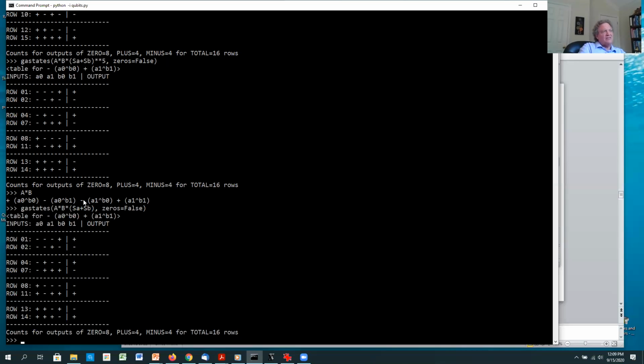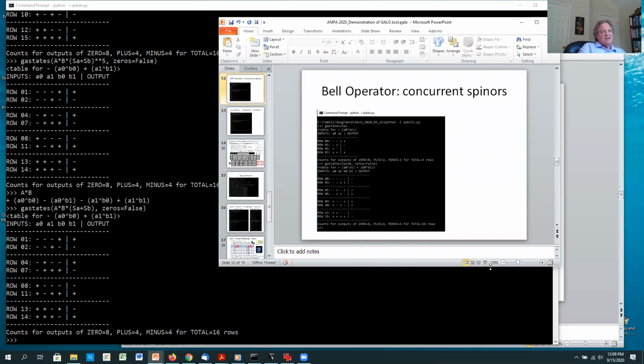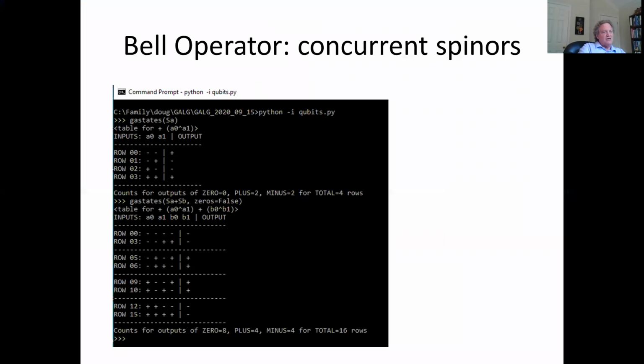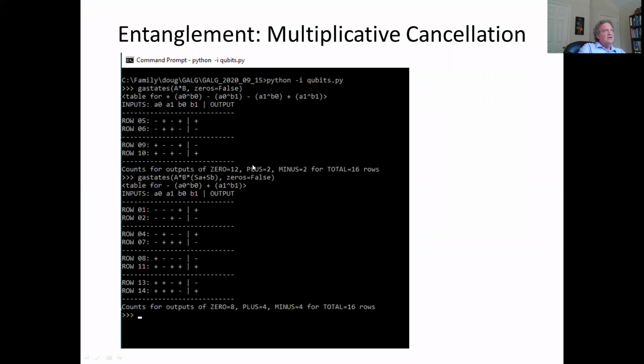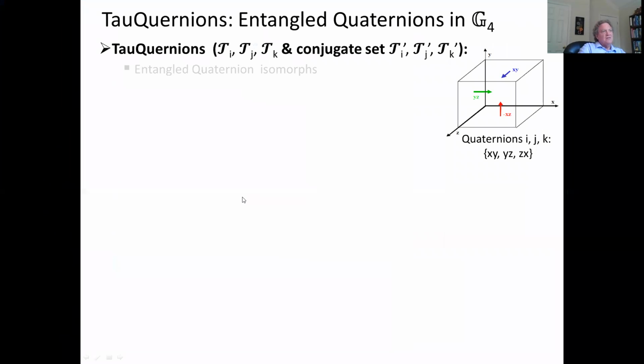It's multiplicative cancellation. So we can show that, and I can summarize it that way easily. And we can show that not only are they concurrent spinors, but they do multiplicative cancellation. And we get these two states disappearing, okay?